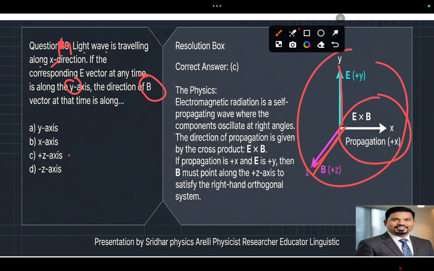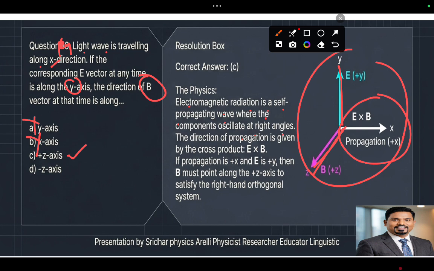But whether it is positive or negative, that is the question. So it is the z axis, positive z axis. Why? Electromagnetic radiation is a self-propagating wave where the components oscillate at right angles.